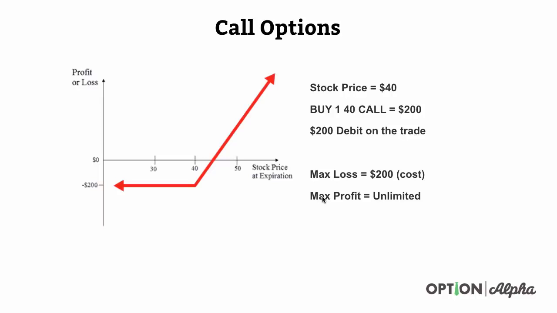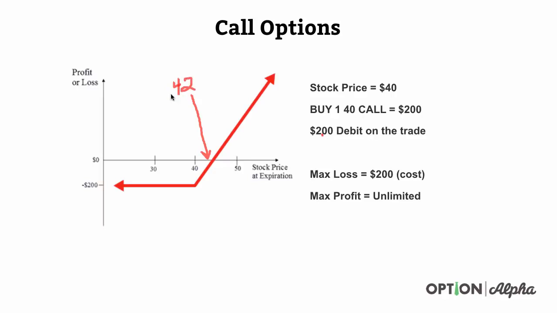Your max profit potential is theoretically unlimited in this case, and your break-even point is $42. That is the value of the strike price plus the option contract value, which is really $2 as a value, not a $200 debit. That's the actual value of the contract, but when you see the contract go across, you're going to pay $2 for that contract.